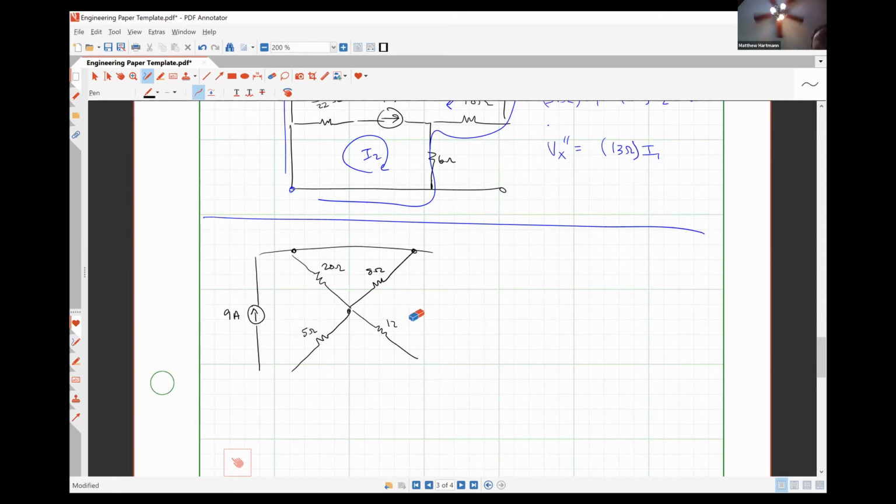It's supposed to be 17. All right, we want VX for 23 and IY for 24.